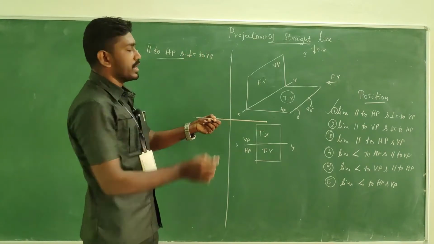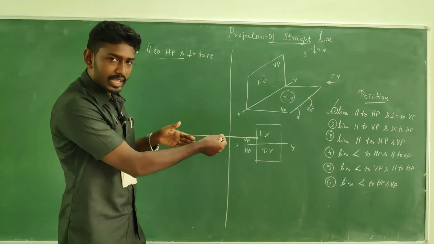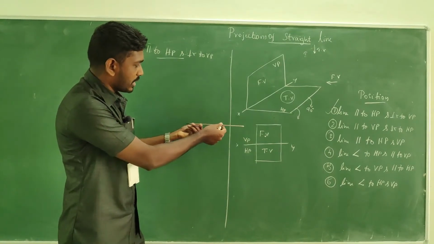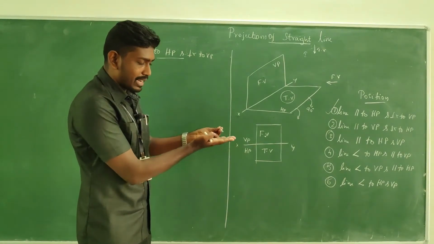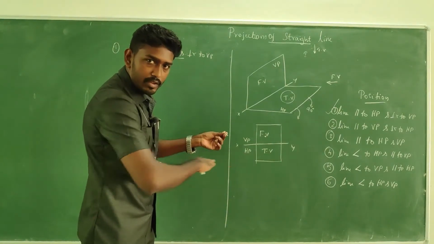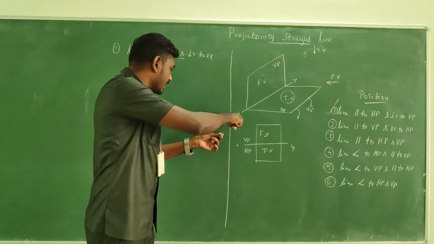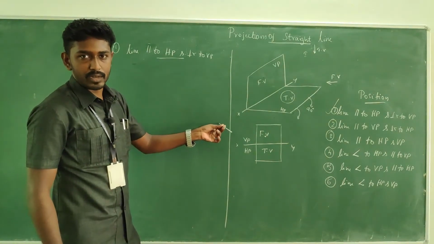What about the condition perpendicular to VP? Is this line making perpendicular to VP? No. So the exact position is like this. Now it is parallel to the ground, HP, and it is making 90 degrees to the vertical plane.